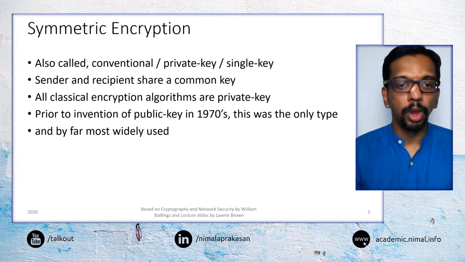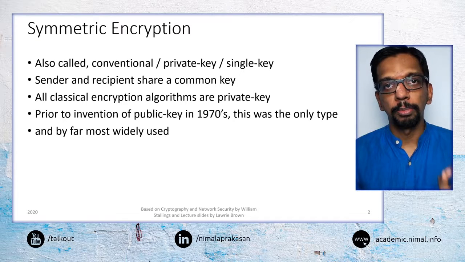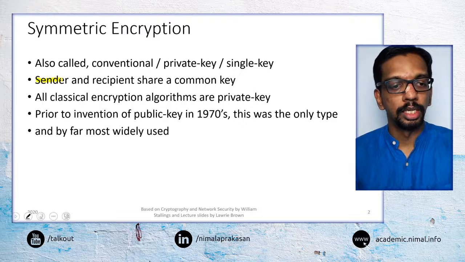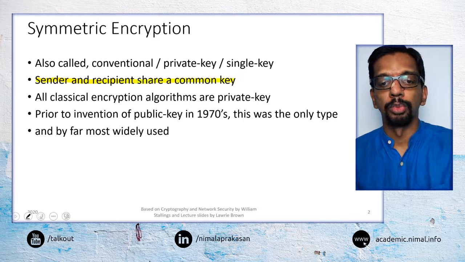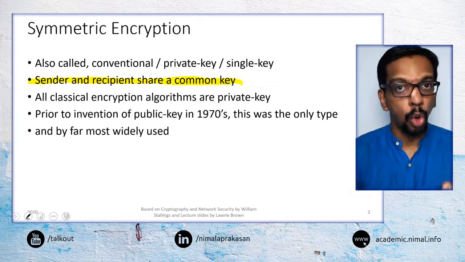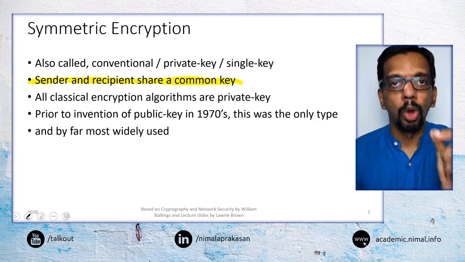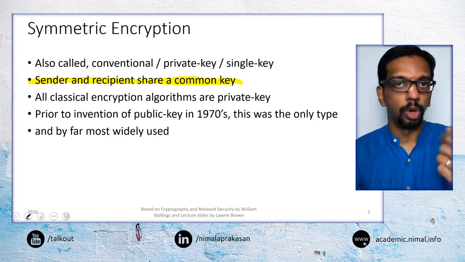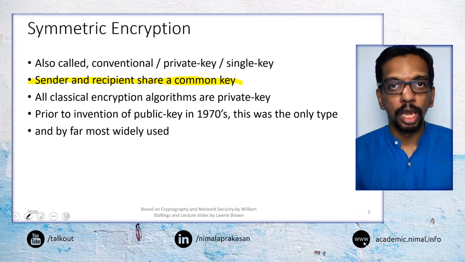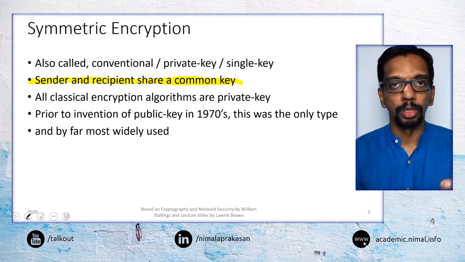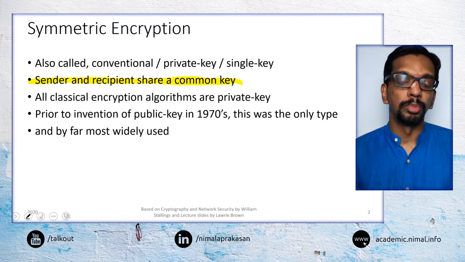The key point here is that in this type of encryption we have the sender and the recipient, and both are going to share a common encryption key. This is like you lock something with a particular key, and to unlock it you need the same key. That is the main point about symmetric encryption.